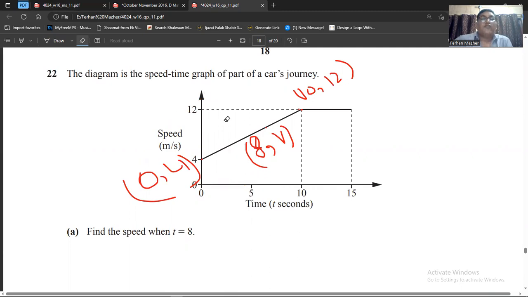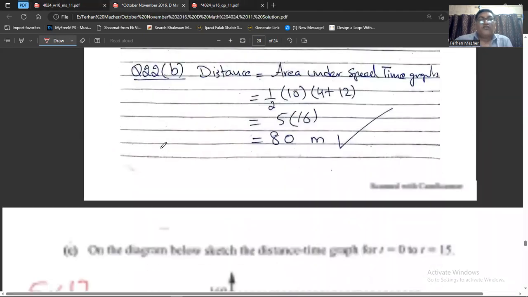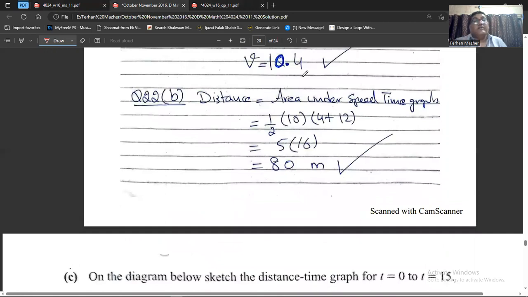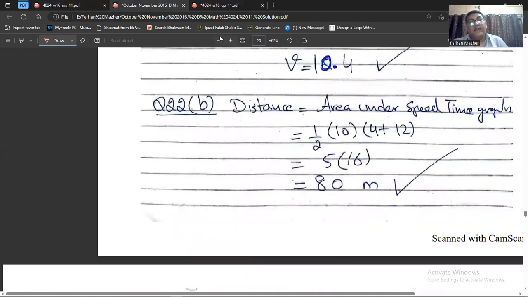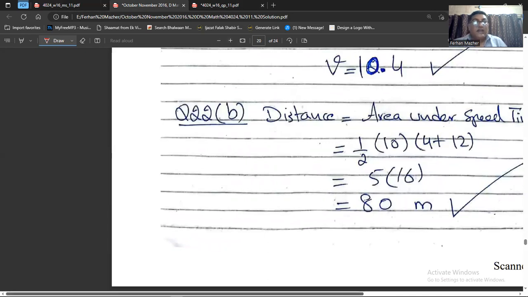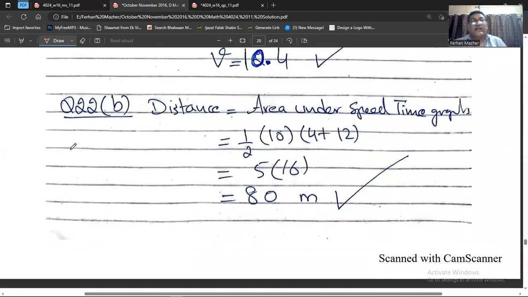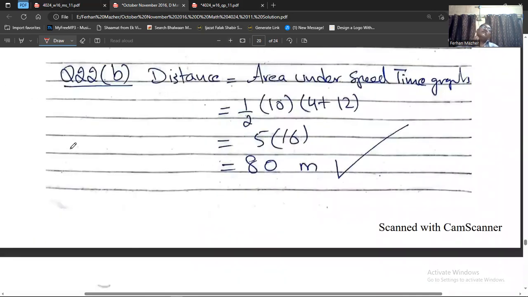We want to find out the distance traveled from 0 to 10. So it's a trapezium, you can find it very easily. The distance traveled will be equal to the area under the speed time graph, and the area under the speed time graph from 0 to 10 is a trapezium.